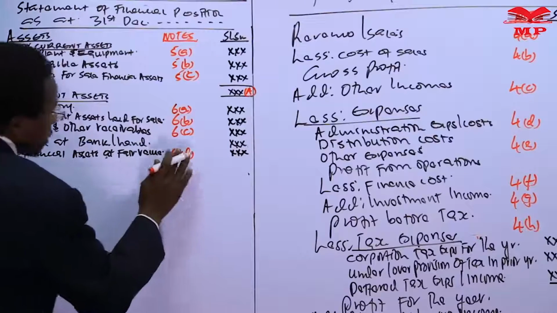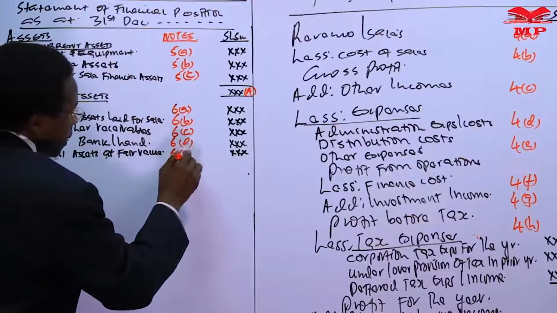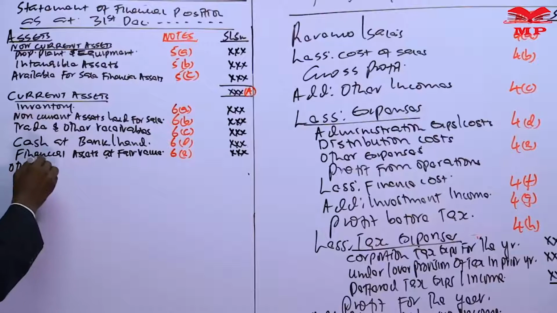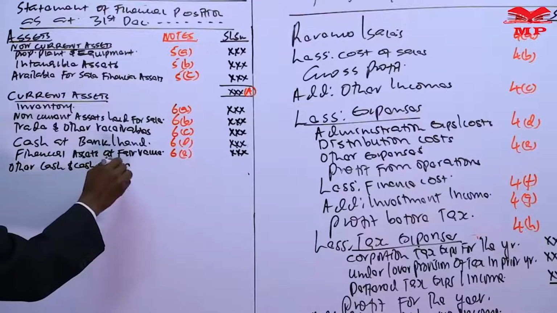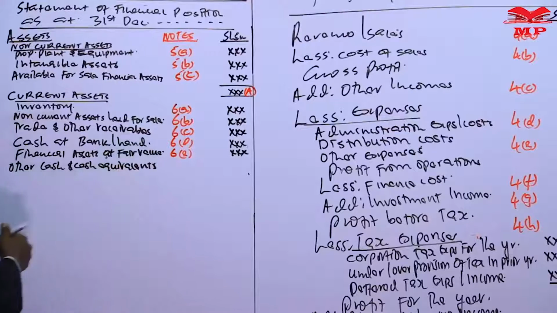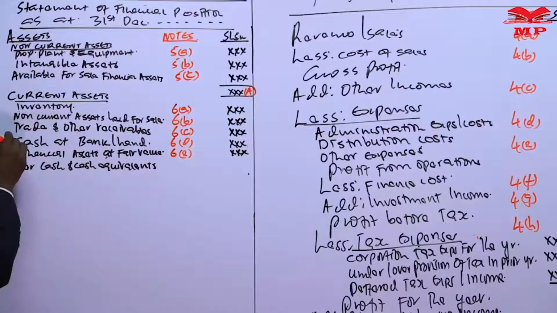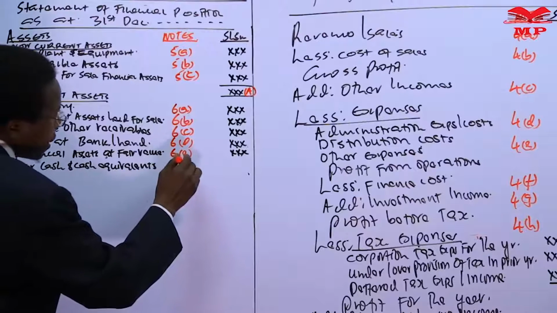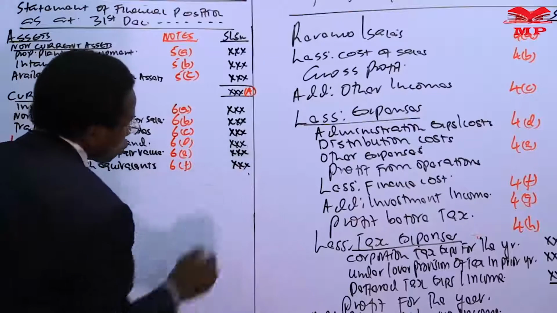Even this one can be 6D and this one can be 6E, like that. We may have other cash and cash equivalents. If there is any other cash and cash equivalent other than the two, these two can be cash and cash equivalent. So if there is any other which can be explained in this area, then it will be reported accordingly.